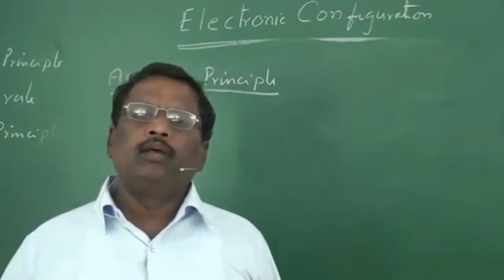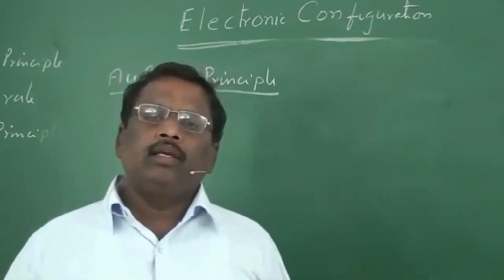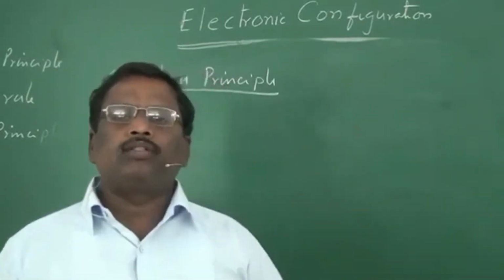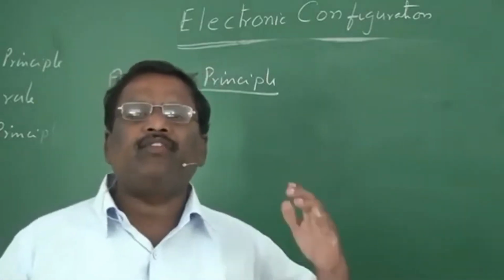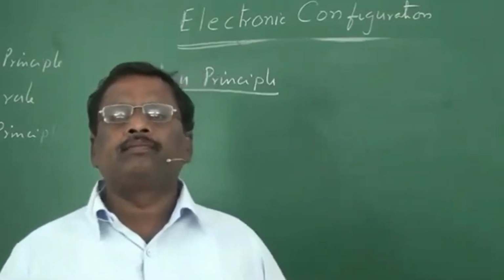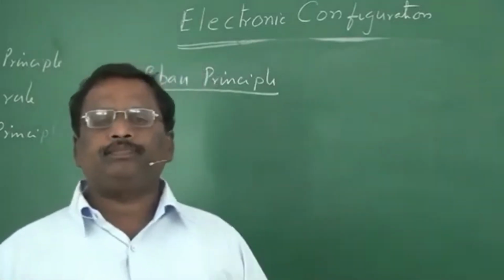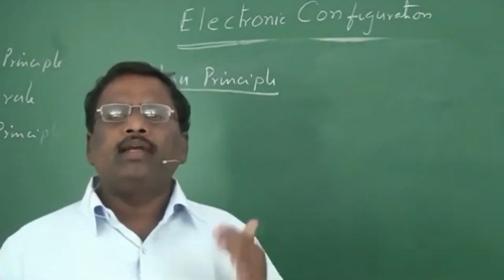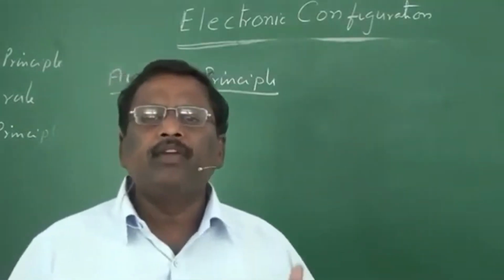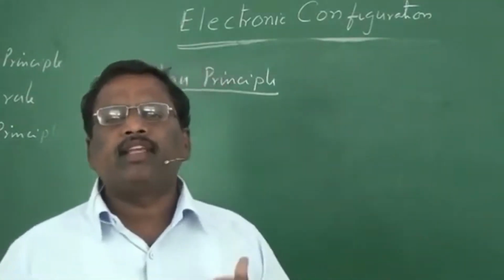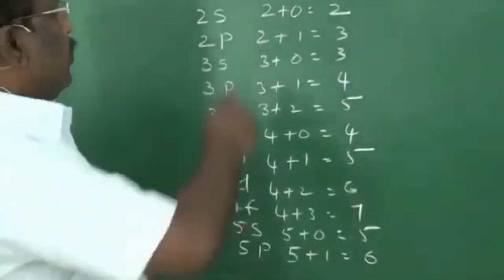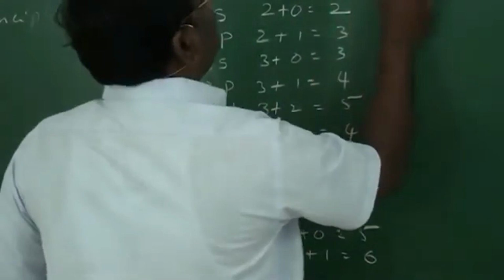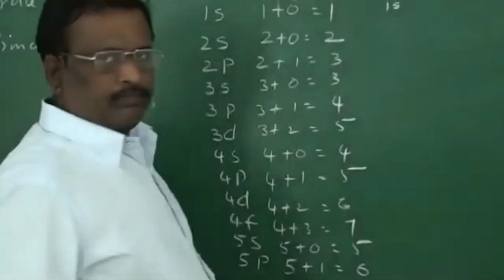The Aufbau principle tells us that in the available orbitals, the orbital with the least energy will be filled first. That means the 1s orbital is filled first.